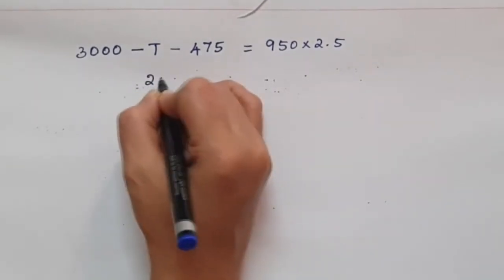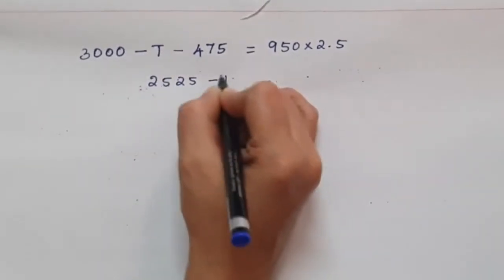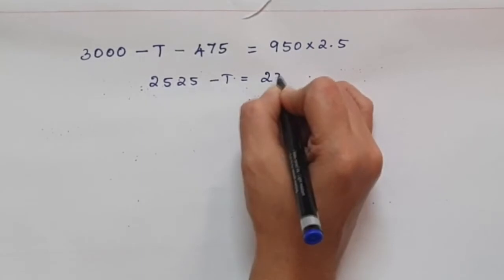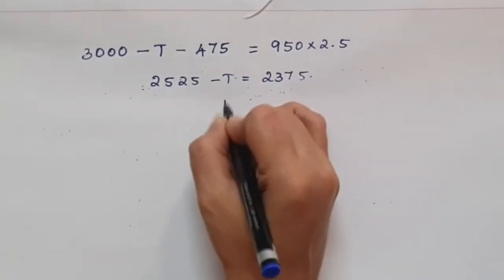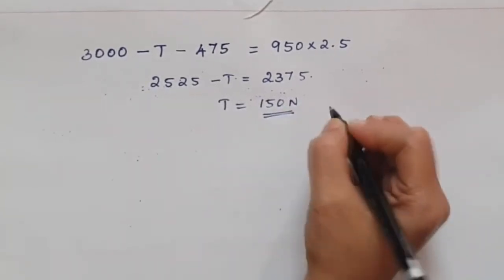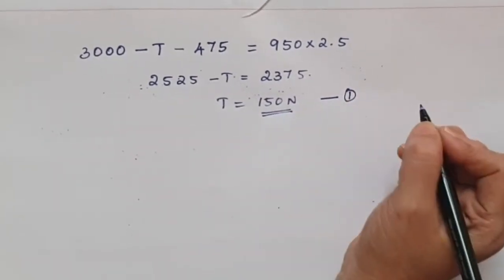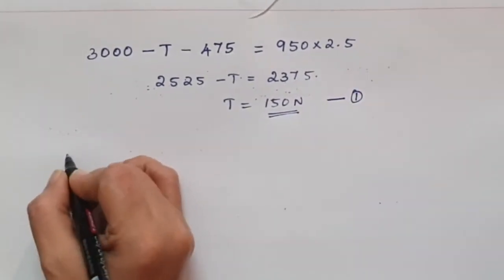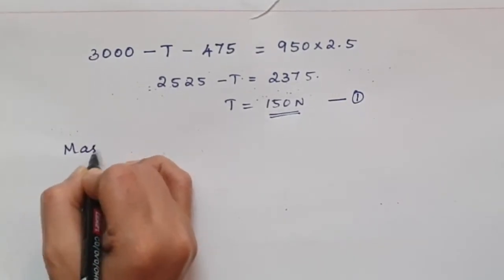So 2525 minus T will be equal to 2375. The tension in the string will be equal to 150 Newton. Let us take this as 1. Now in the next case, let us take the mass of the trailer.